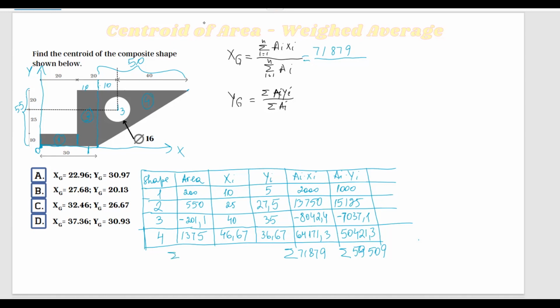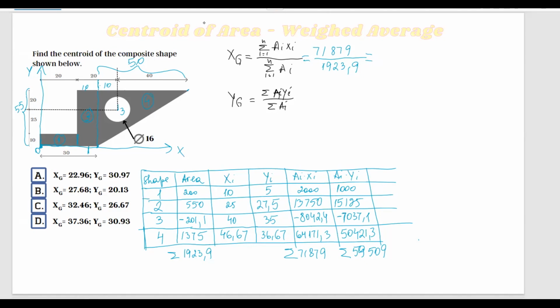We have 200, 550 plus, 201.1 minus, and 1,375 plus. So I get a sum of area as 1,923.9.